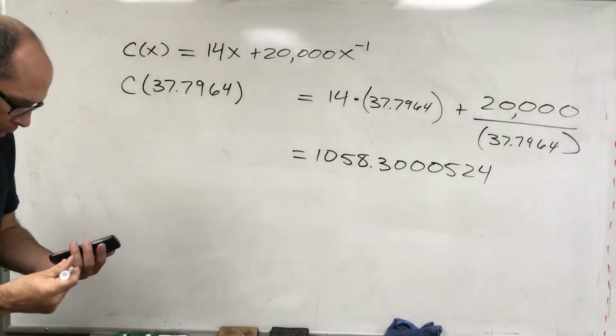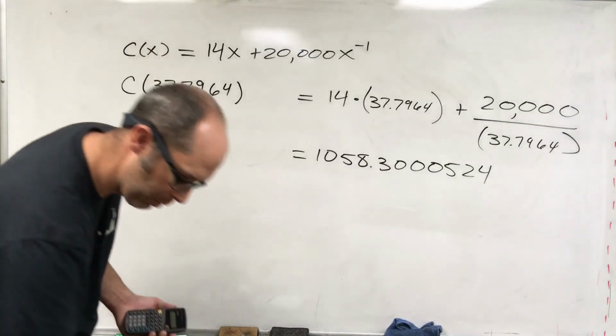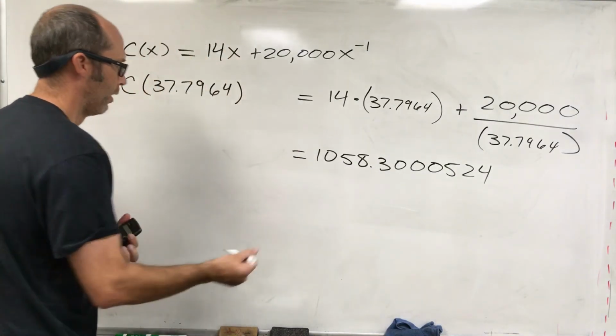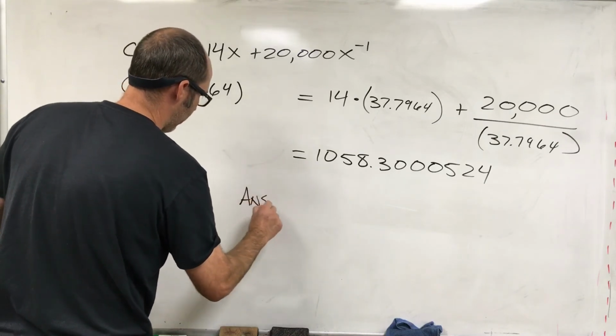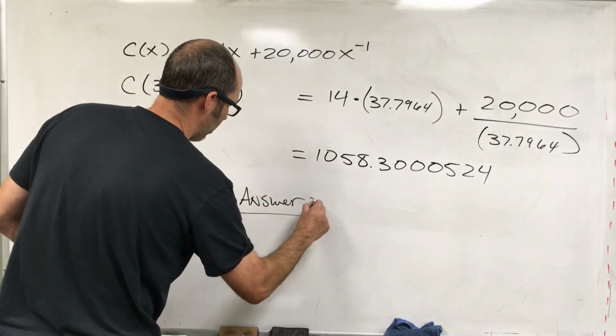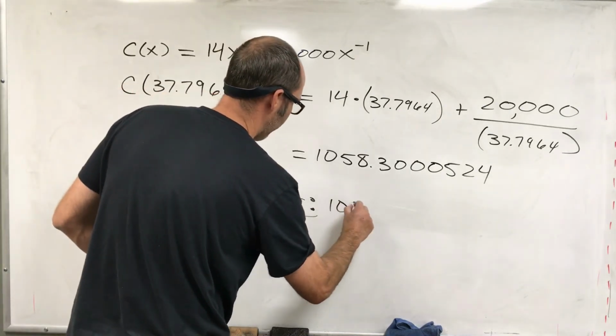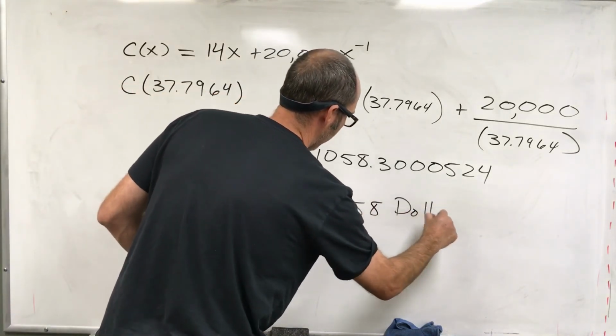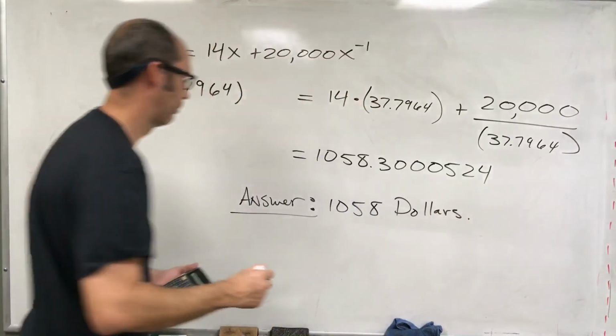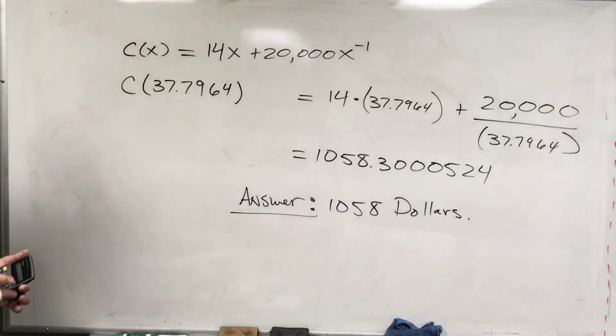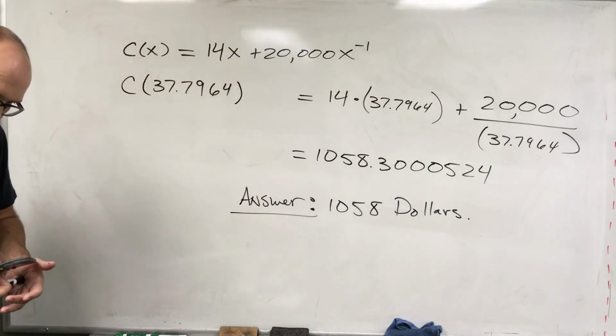Now the problem asks to round to the nearest dollar, so the answer is $1058. And that actually is the correct answer. So, cool.